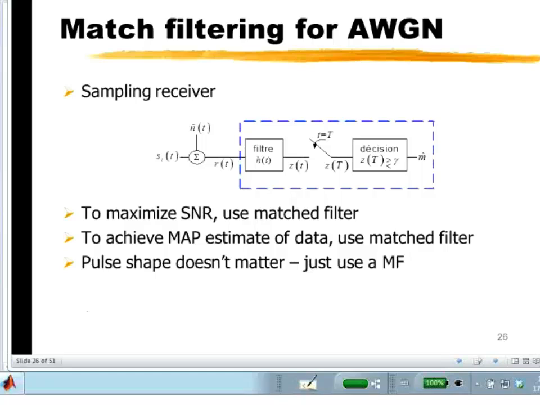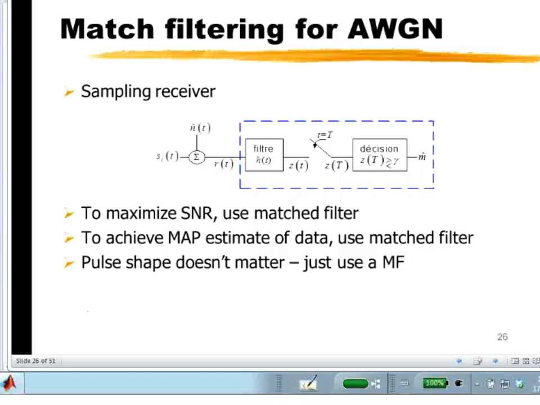So if we look at the theory from communications theory, what filter should we use? Theory tells us that in order to maximize the signal-to-noise ratio in the decision statistic, we should use a matched filter. Matched filter means that the impulse response of the filter is matched to the shape of the impulse in the received signal R of t. So h of t, the impulse response, is equal to the conjugate of the Fourier transform of the received signal.